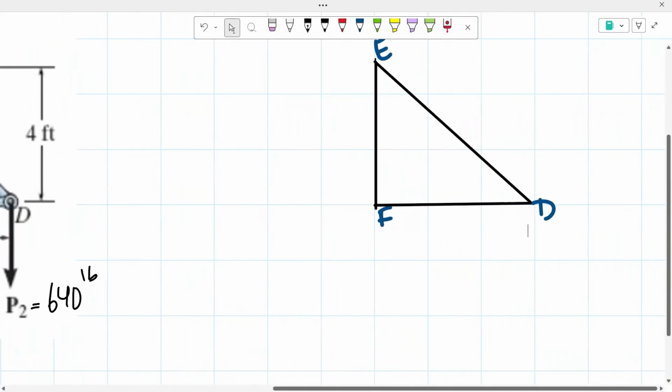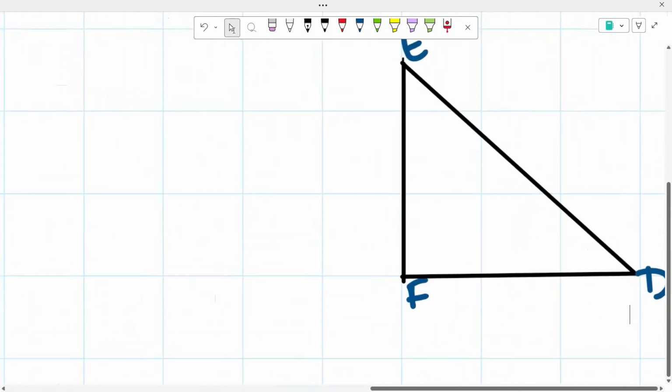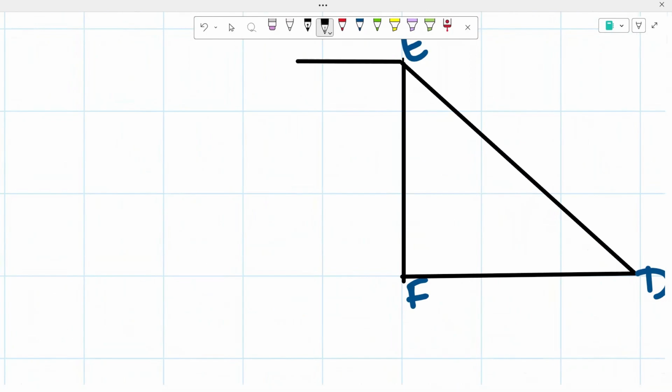And then from there, we have where we cut the bar. So we have our bar EF, we have our bar FC or CF, and then we're going to have our bar BC.